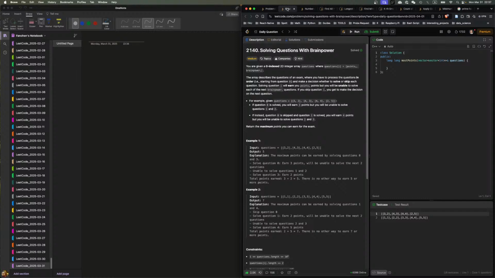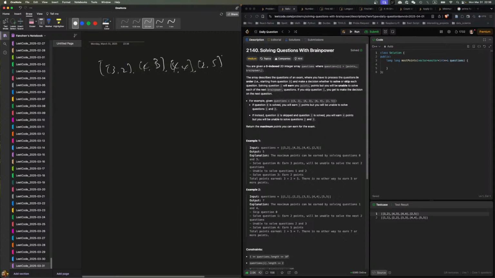And coming to the end, what's the edge case? Well, if we have one question left, obviously you'll solve it, right? So in this case, [3,2], [4,3], [4,4], and [2,5].